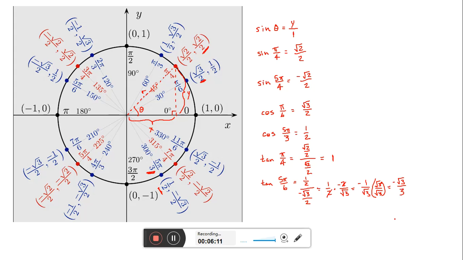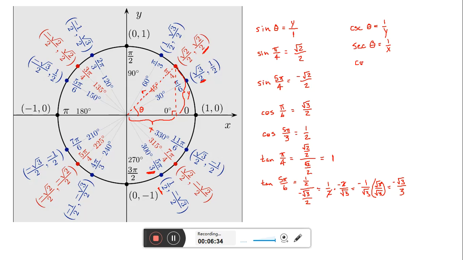You should be able to use those to find any value using the three basic trig functions. Now remember, there are the reciprocal trig functions too. If I had the cosecant of theta, that would be 1 over y. If I had the secant of theta, it would be 1 over x.